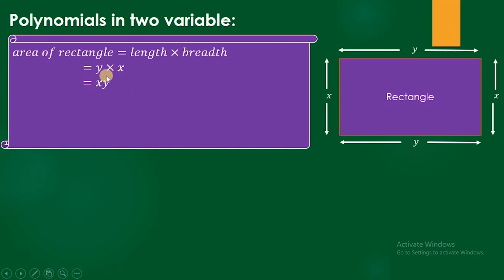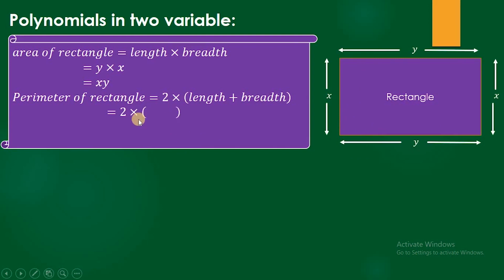So xy. Now this is a polynomial in two variables, because here we have two different alphabets. Therefore, it is a polynomial in two variables. Again, to find the perimeter of the rectangle, we'll write the formula first, that is 2 times length plus breadth. We have 2 lengths, y and y, and 2 breadths, that is x and x.